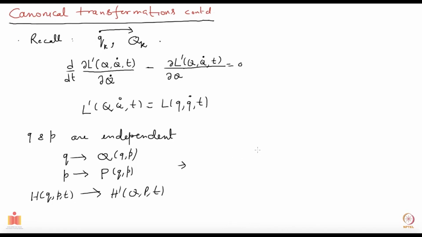What are those? Del H prime over del capital P is equal to Q dot, you can put the indices on Q's and P's, and P dot is equal to del H prime over del Q, and there should be a minus sign here.